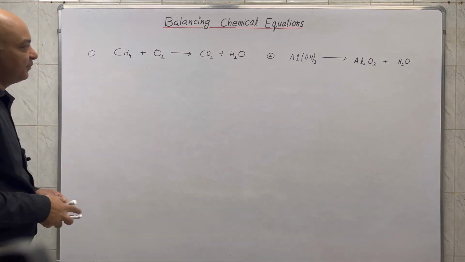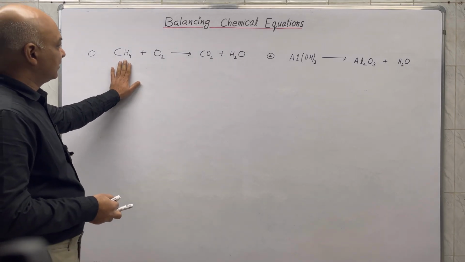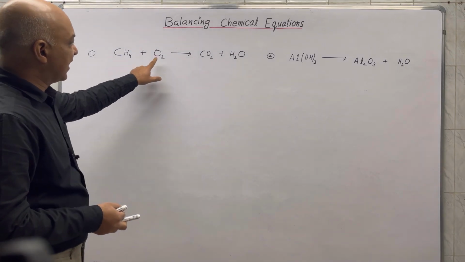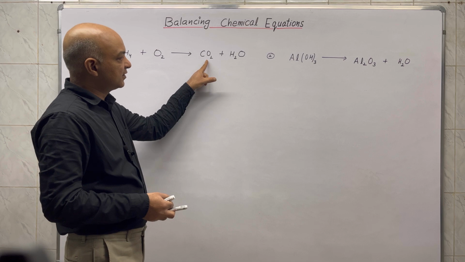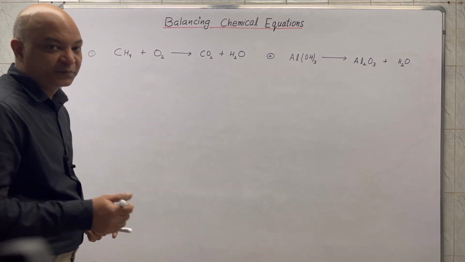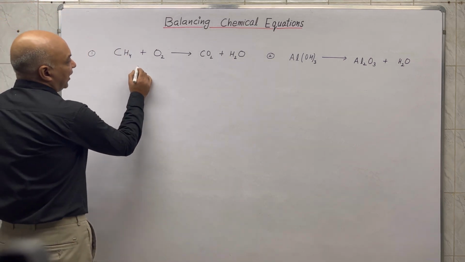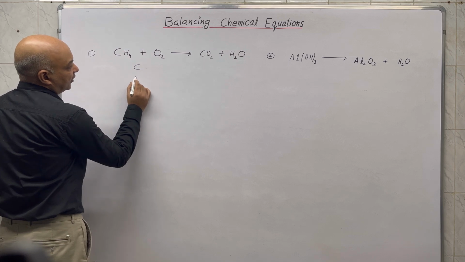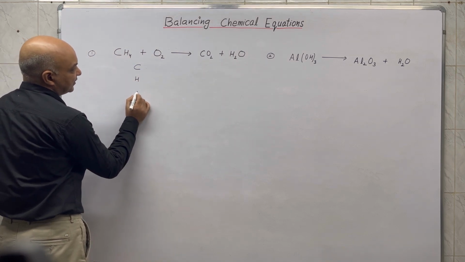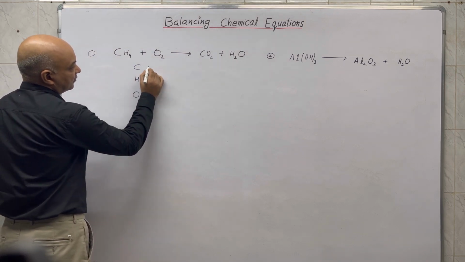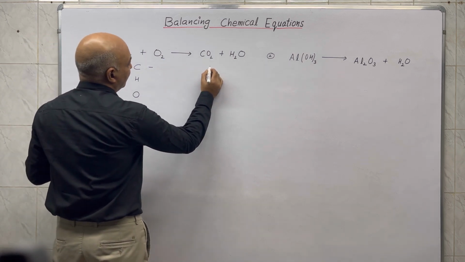So my first example is the reaction in which CH4 reacts with O2 to give CO2 and H2O. So first of all, I am going to write down the different atoms present in the equation on both the sides.